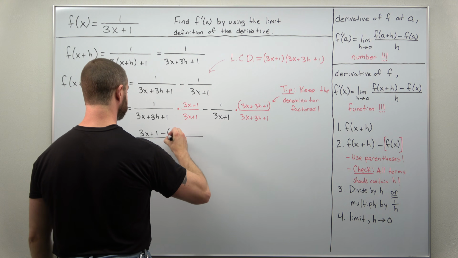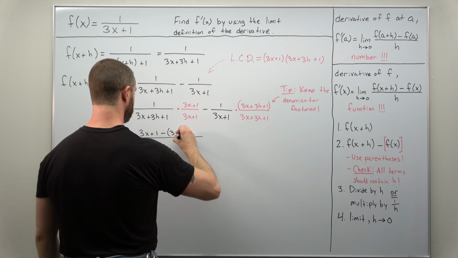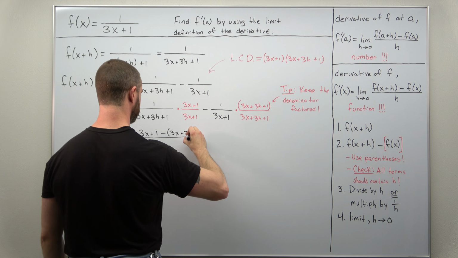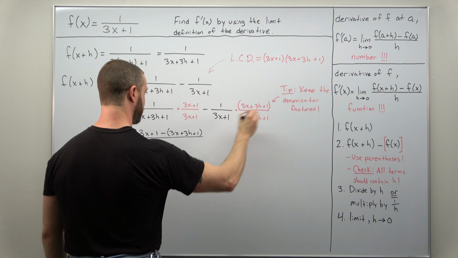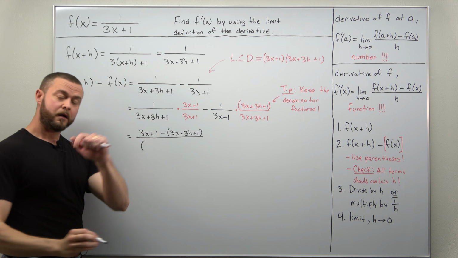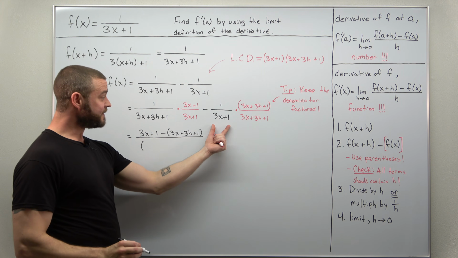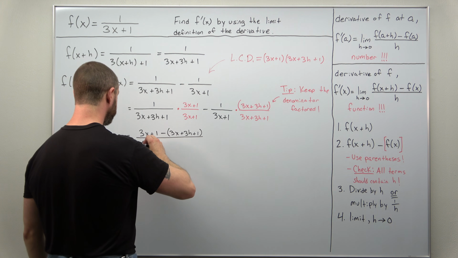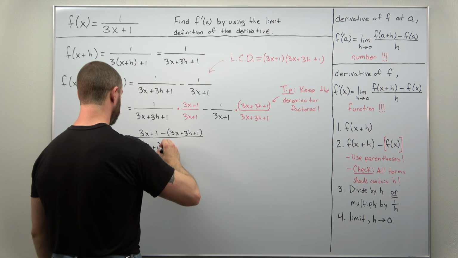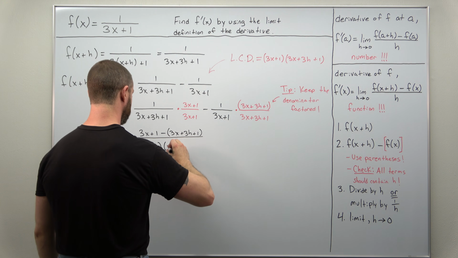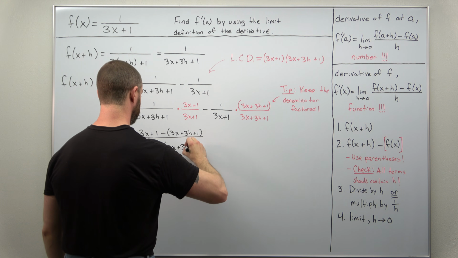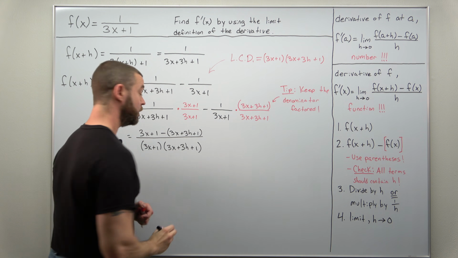So we have minus, and then 3x plus 3h plus 1, and that's all over. I'm going to write my denominator in the factored form, 3x plus 1 times 3x plus 3h plus 1.